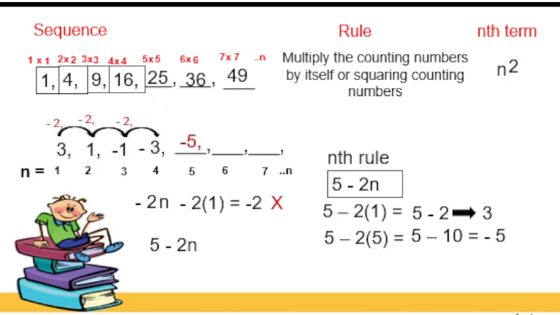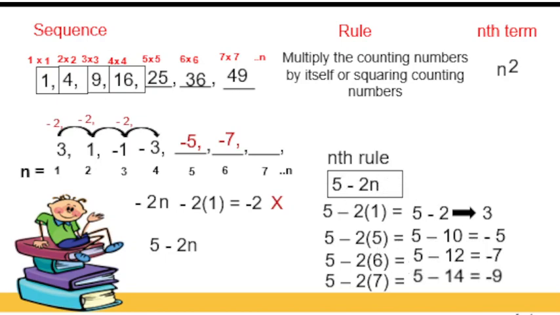And then for the sixth term, we have 5 minus 2 times 6. That is 5 minus 12, which equals negative 7. And for the seventh term, we have 5 minus 2 times 7, which is 5 minus 14, equals negative 9.